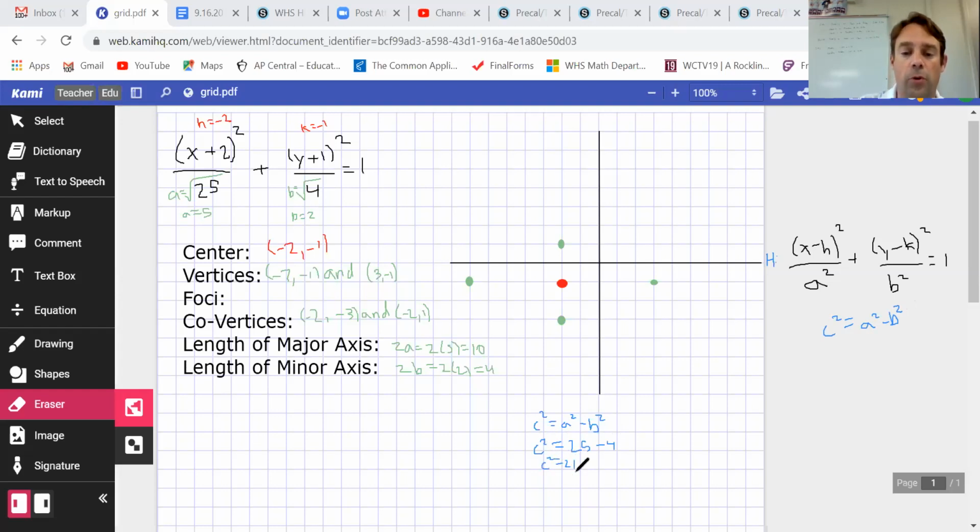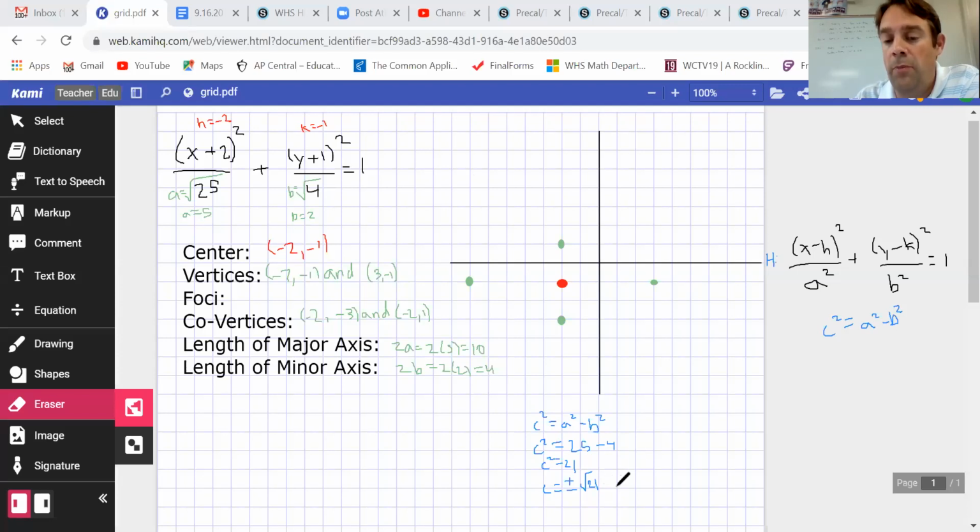And if I take the square root of both sides, friends, I get c is plus or minus the square root of 21. So the foci are always on the major axis, at the same kind of distance as my vertices.